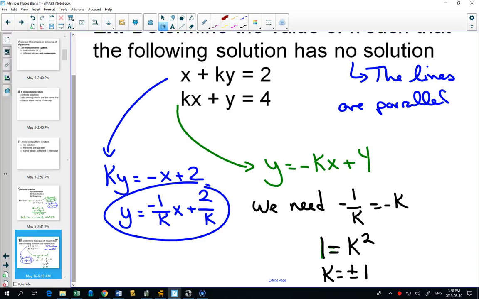Now, what would have made this question really more intriguing? What would the best possible way would have been if here I had put negative 4.